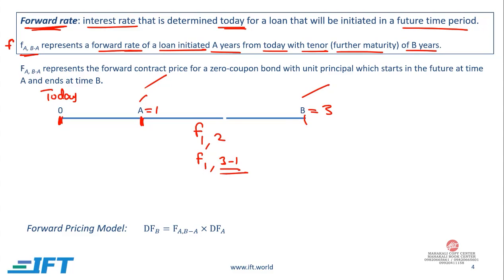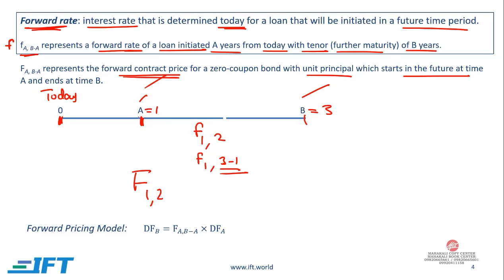When we use the term capital F, this represents the forward contract price for a 0 coupon bond with a unit principal which starts in the future at time A and ends at time B. So when we say capital F(1,2), this represents the price.